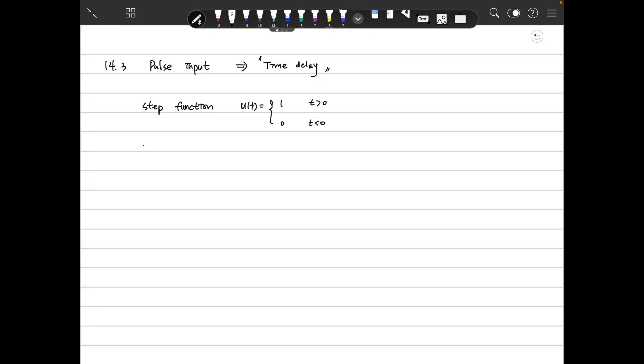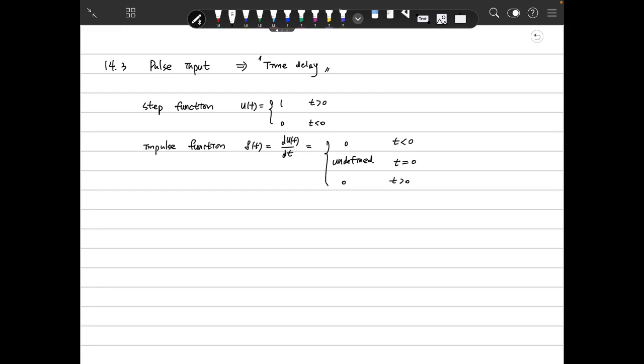Then the similar thing is the impulse function. We can use delta functions. The definition of the delta function is the derivative of u(t). Therefore, it will be 0 when t is negative, 0 when t is positive, but when t is 0, it's undefined. Why?